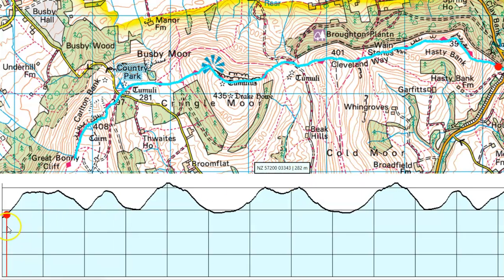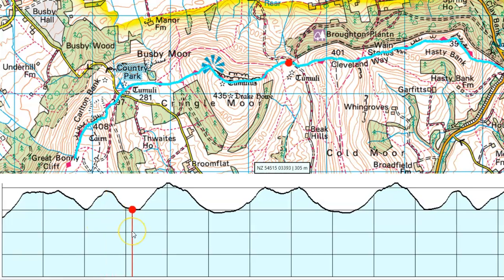Follow the red dot from the right hand side of the map over here, coming along up along the flat, drops down to that dip there, up the other side, and that point there is the point that we were looking for on the other profile.